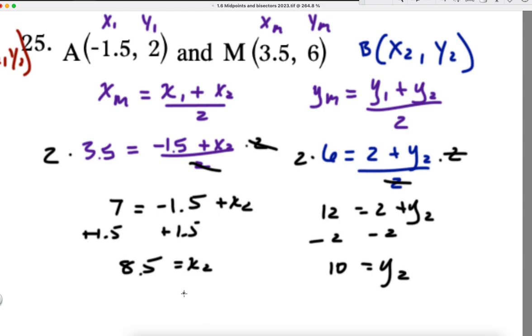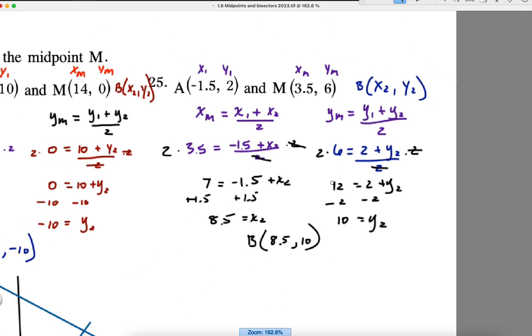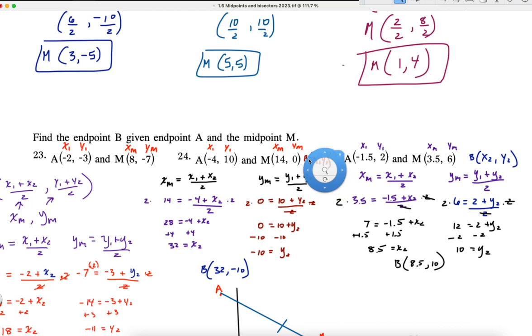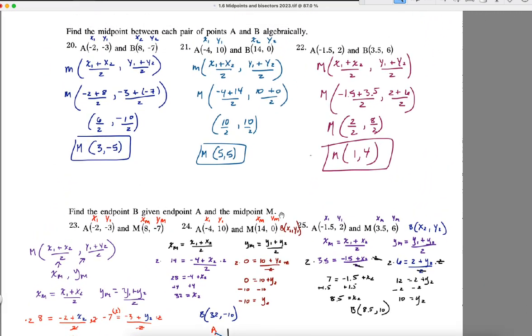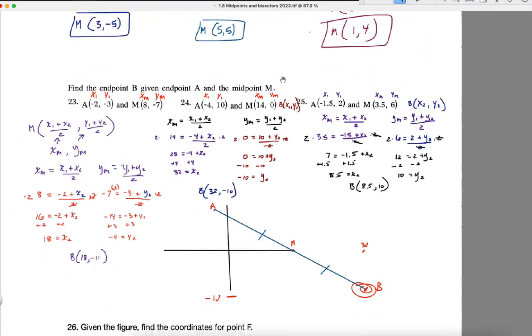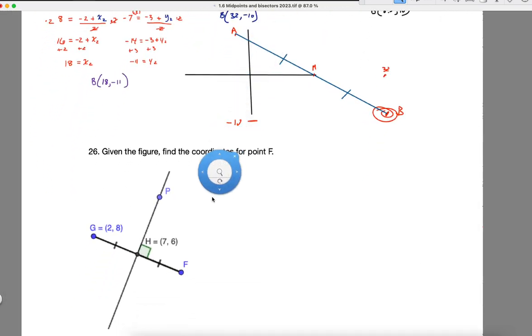So my point, when I put it together for B, is going to be 8.5, comma 10. Okay? I hope this makes sense to everybody. I know this gets a little abstract, with all these equations and numbers and everything.